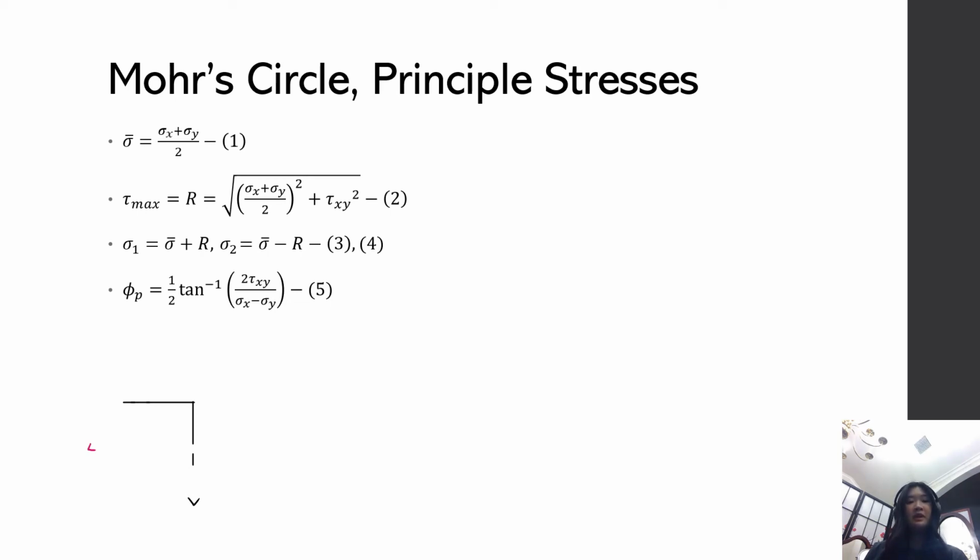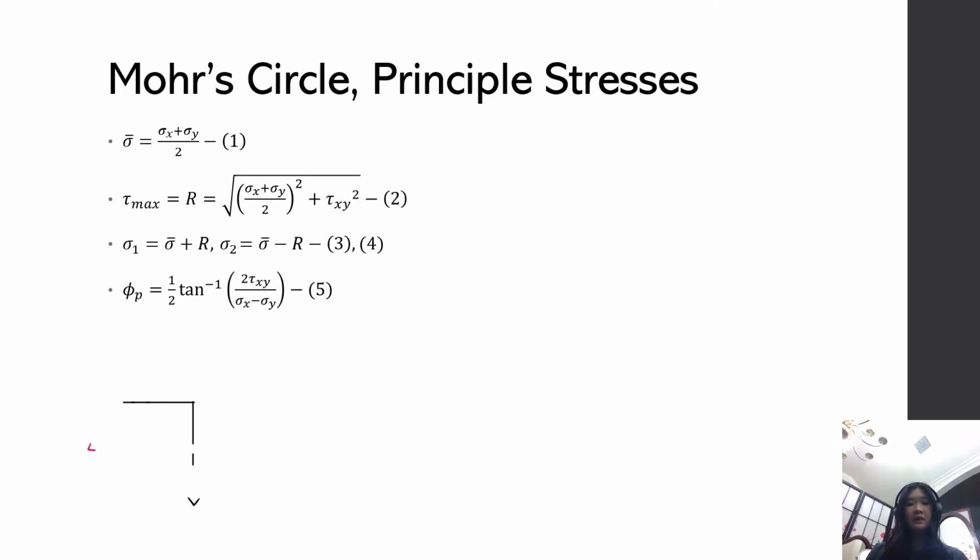This can be found using equation 2. Next, we find the principal stresses 1 and 2 acting at element E. We do this using equations 3 and 4. And finally, find the angle, phi of p, which is the angle at which the principal stresses are acting.